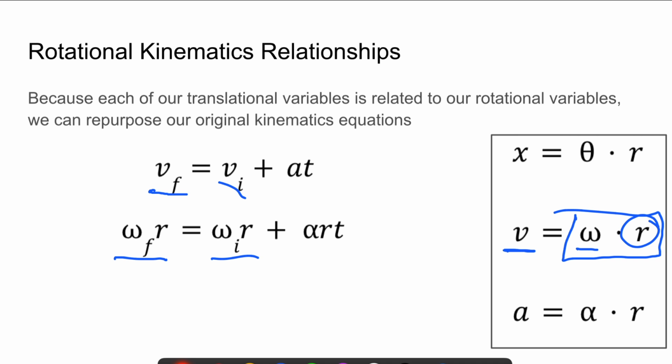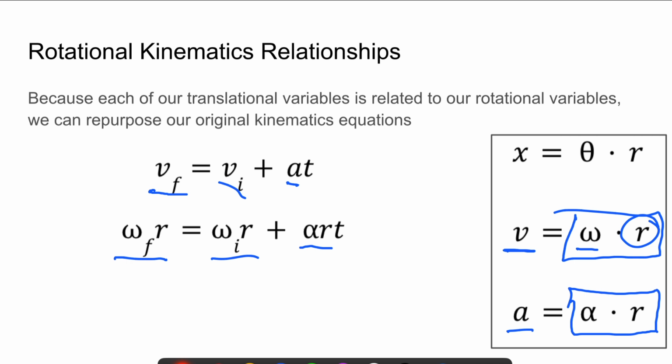And then we can do the same thing for our translational acceleration, because our translational acceleration equals alpha, our rotational or angular acceleration, times the radius. And so we can plug in for our translational acceleration, angular acceleration times radius.